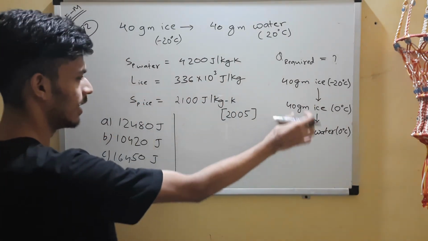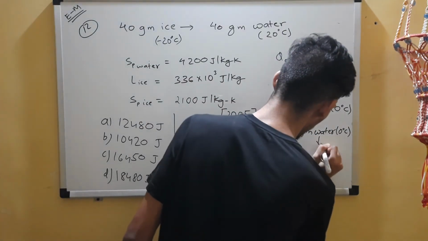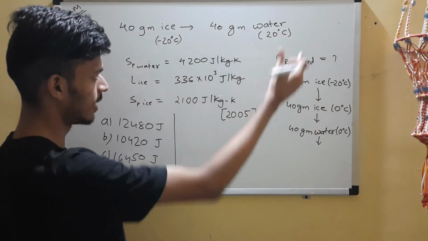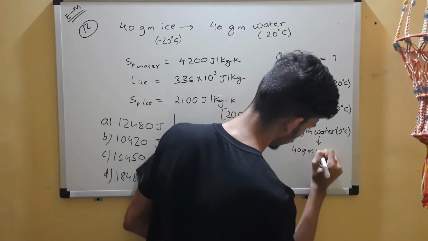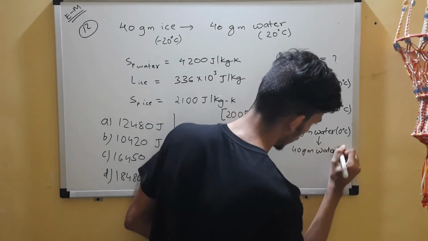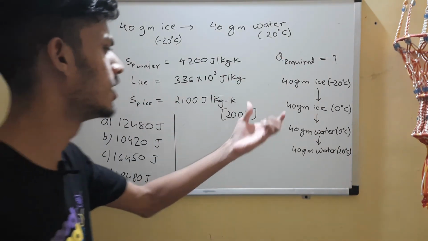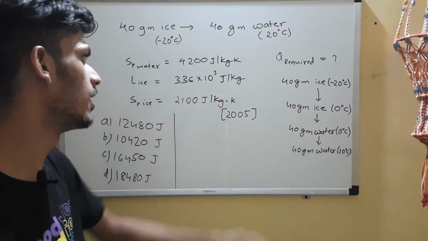So you can see latent heat involved over there. The final step will be heating this water further so that its temperature increases to 20. So 40 grams of water now at 20 degrees Celsius. These are the three steps, 1, 2, 3. So we are going to add the heat in each of these steps.